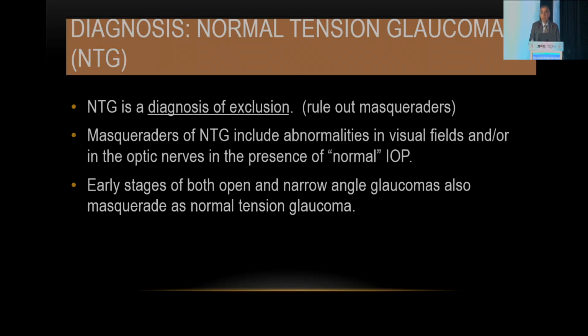You have to rule out masqueraders. Masqueraders include any problems or abnormalities in fields or nerves in the presence of a normal pressure. And early stages of both primary open-angle glaucoma and narrow-angle glaucoma will masquerade as normal pressure glaucoma because the pressure spikes are less frequent in the early stages.